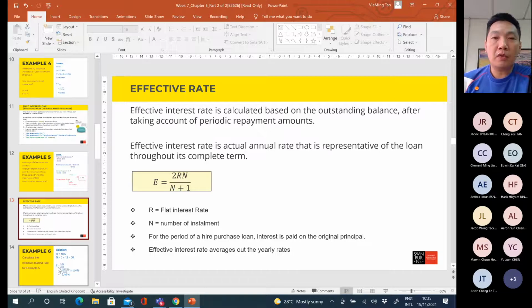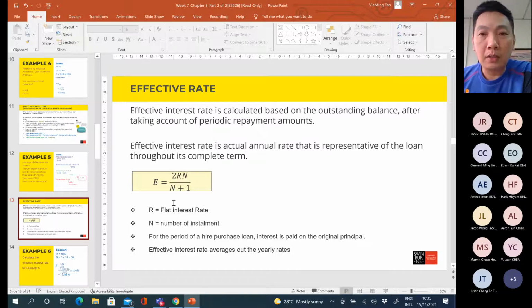Okay, and we can use this formula to calculate the effective rate to check the equivalent rate as compared to the simple interest rate. Simple interest rate is also called the flat rate. So we can use this formula to identify the effective rate that will be equivalent to the flat rate. Here R refers to the simple interest rate or flat rate.